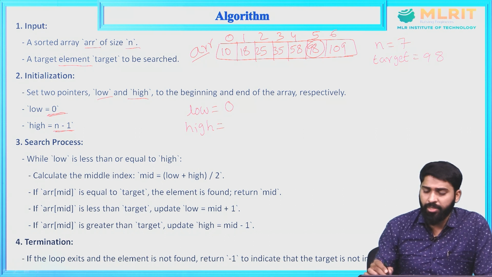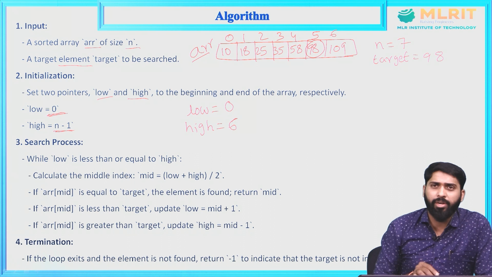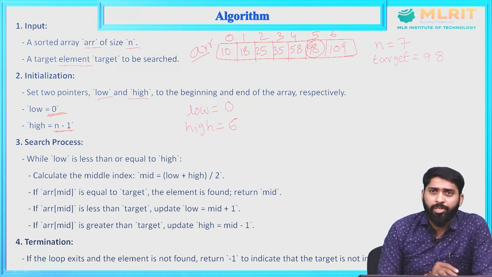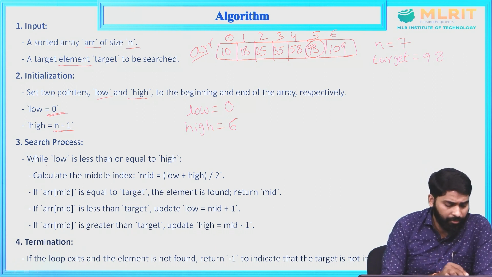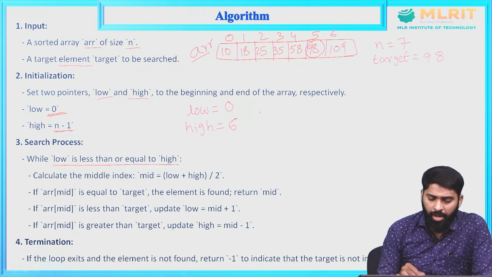What is n? 7. 7 minus 1 is 6. That means low indicates the first index and high indicates the last index in the array. Now start the search process: while low is less than or equal to high, that is always the condition.